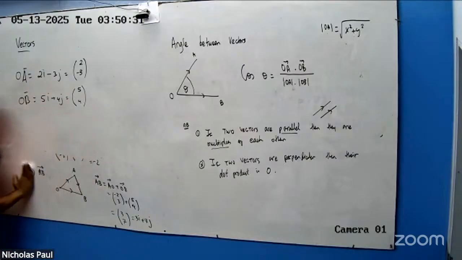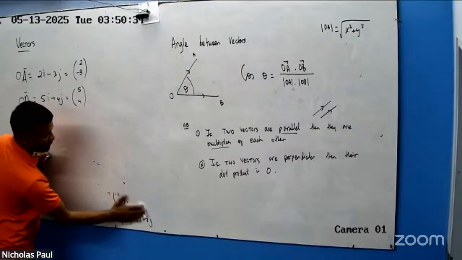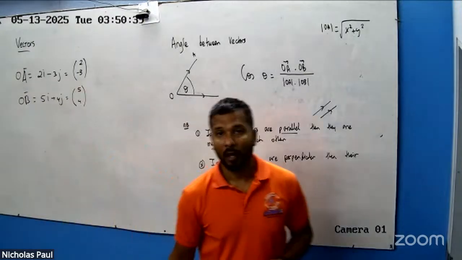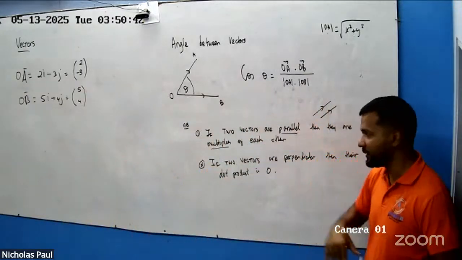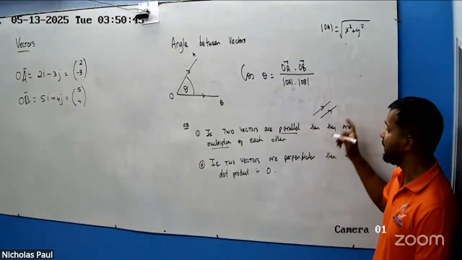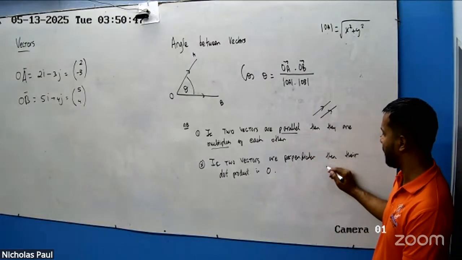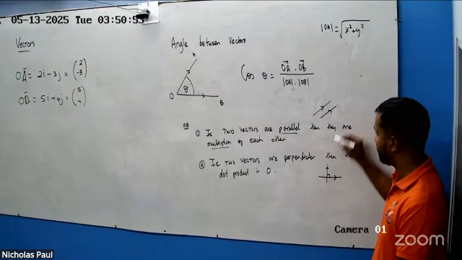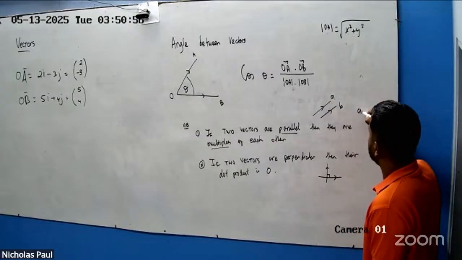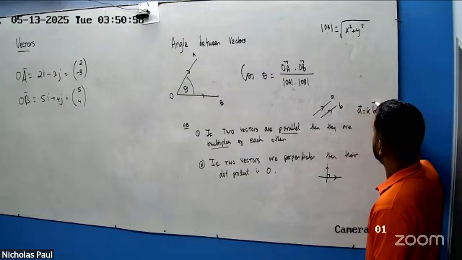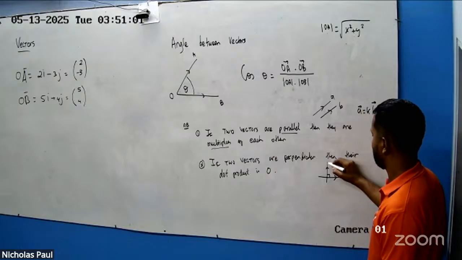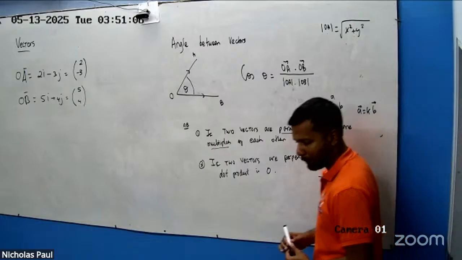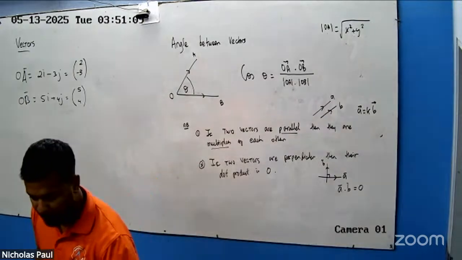So that's a small note that I wanted you to copy down, and then we're going to try an example of how to find the angle between two vectors. These are two special rules: if they're parallel, they are multiples of each other; if they're perpendicular, then the dot product is 0. Try to make it an example.